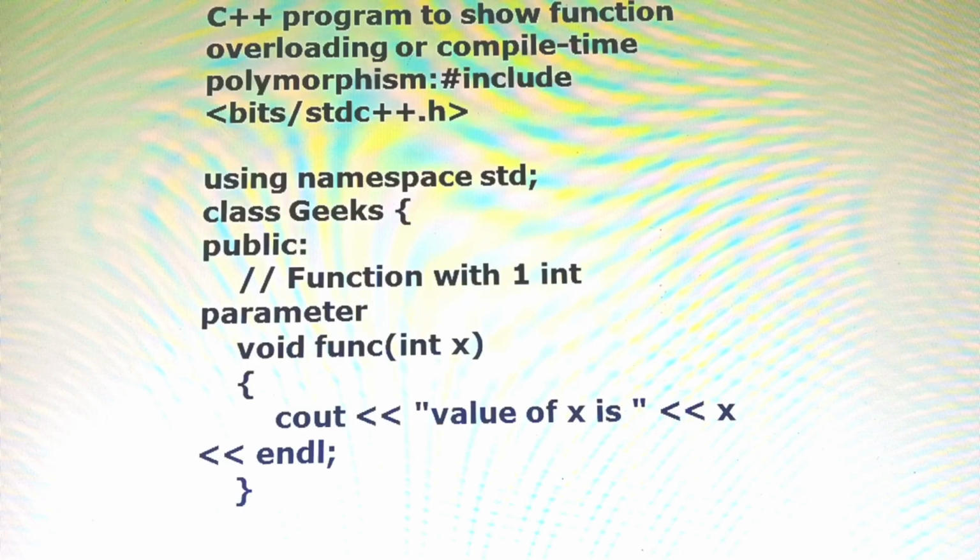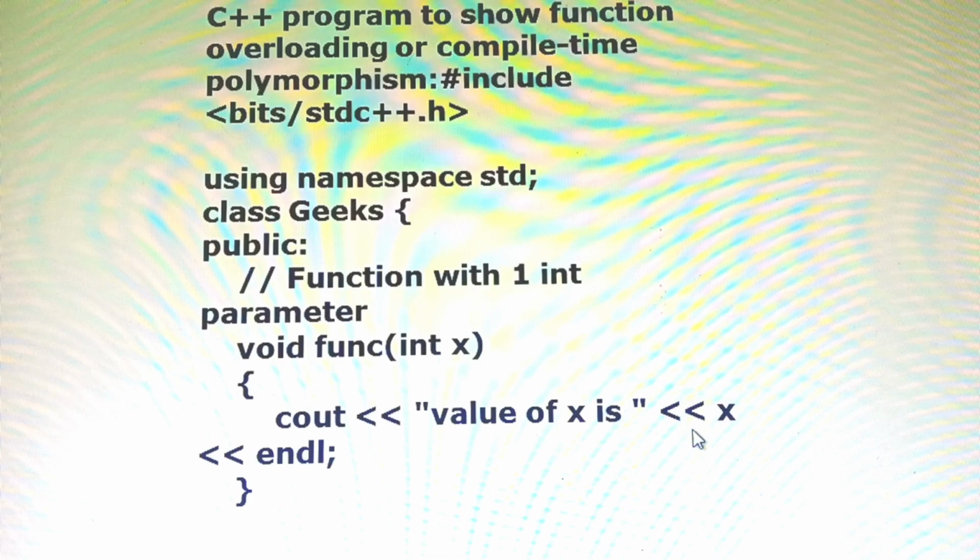Let us start with the function overloading program. Class Geeks. Here is a function with one integer argument. Void function, the name of the function is func. Here only one argument, that is x.